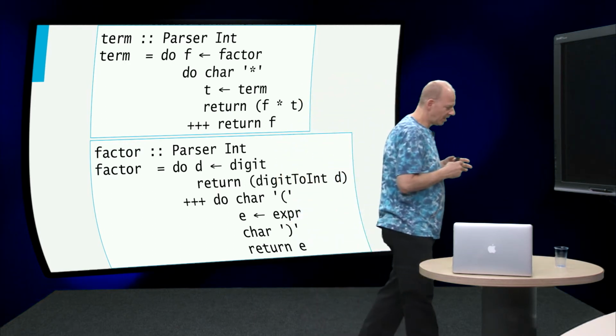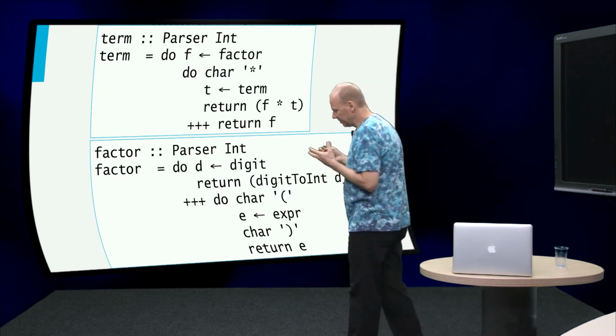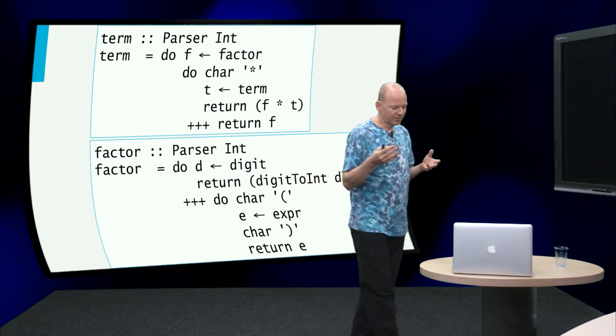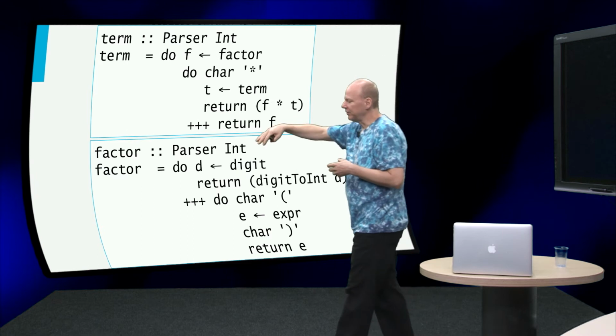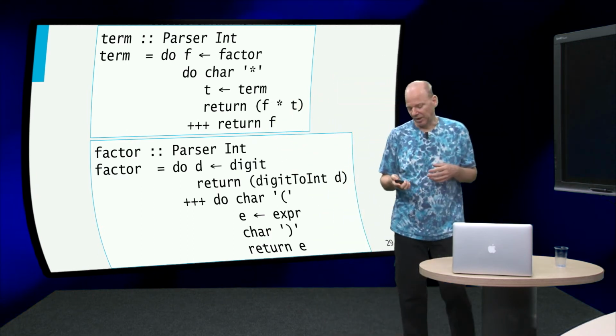And parsers are one of, I think, the most elegant internal DSLs that you can imagine. And as I said, you can do very sophisticated parsers, and you can push this idea pretty far.